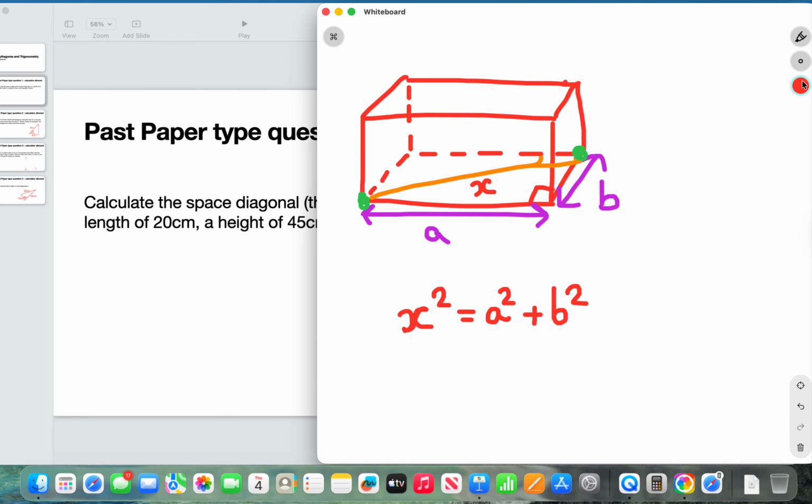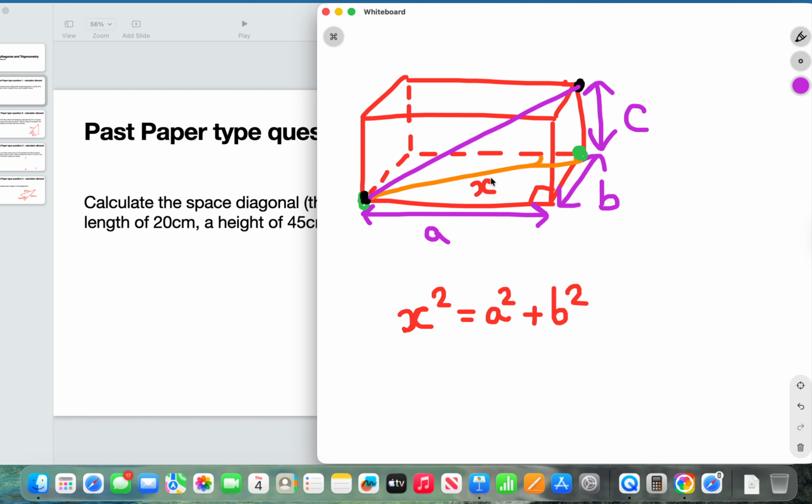Suppose we then have the height. This is C. Then what we can get, I will put this in, I think we'll use black for this. Then from this corner to this corner, we have this diagonal.